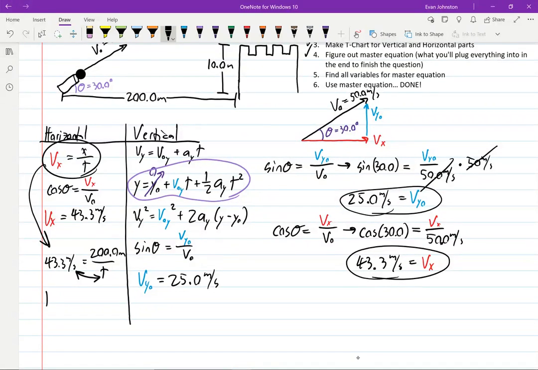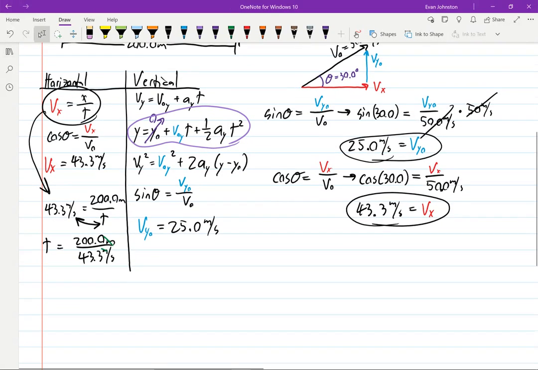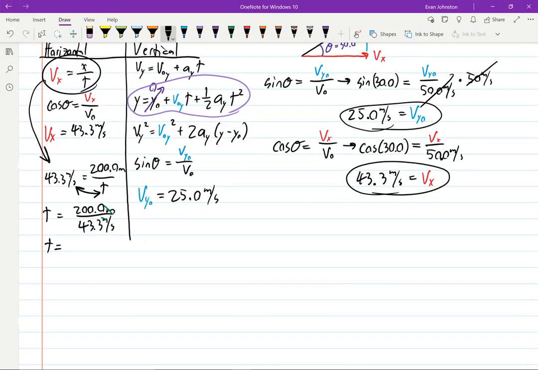So we have time is now 200.0 meters over 43.3 meters per second, and that checks out because meters and meters cancel, 1 over seconds. We're going to get seconds for our units. That's perfect. So 200 divided by 43.3 gives us, following sig figs, our time is going to be 4.62 seconds.